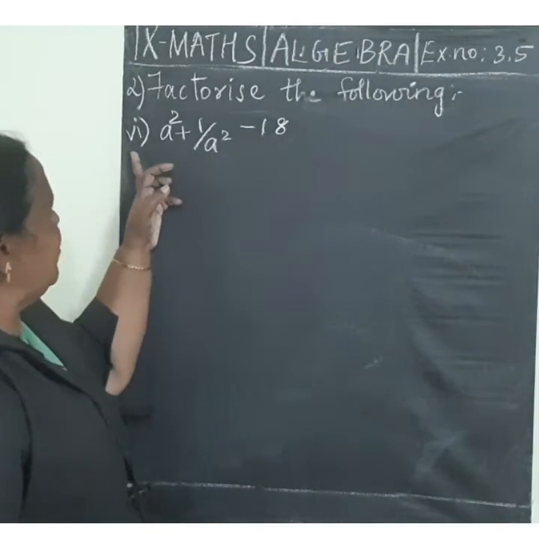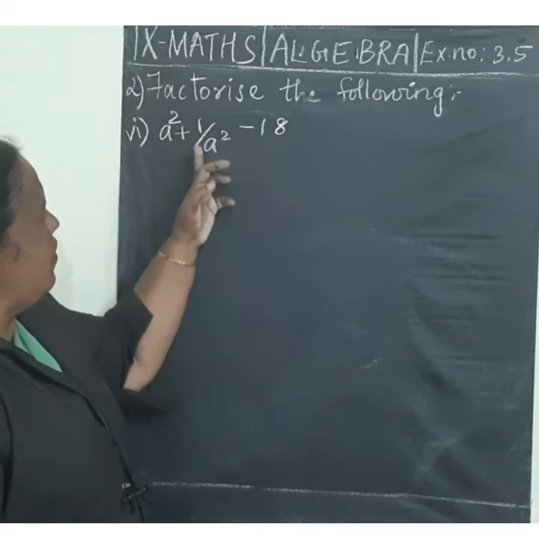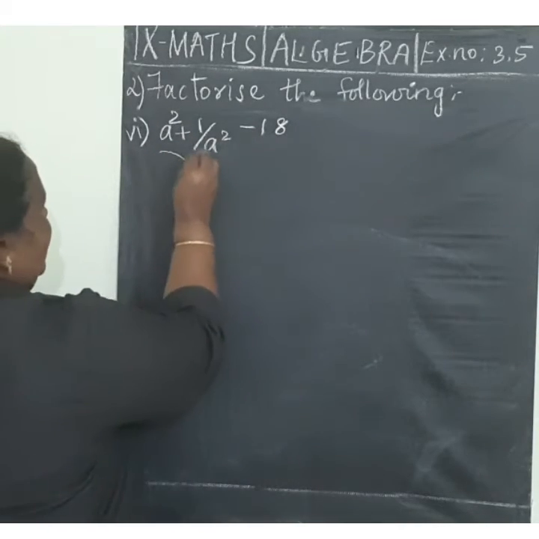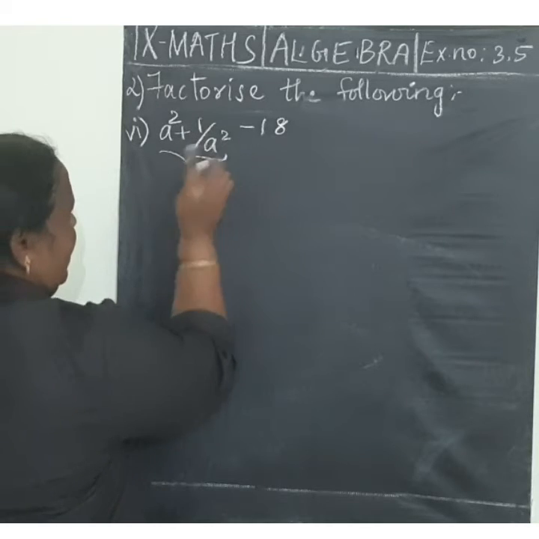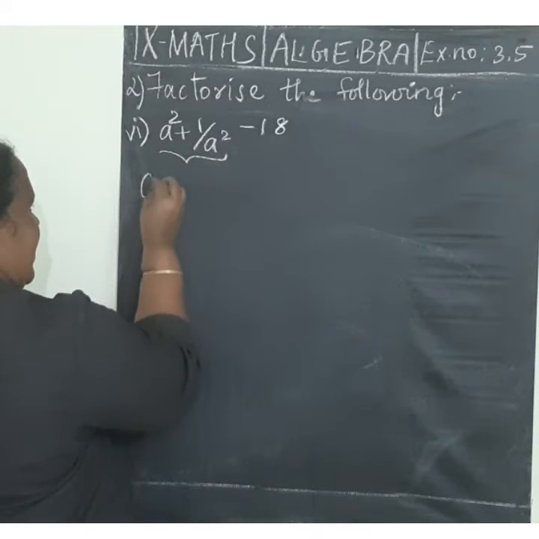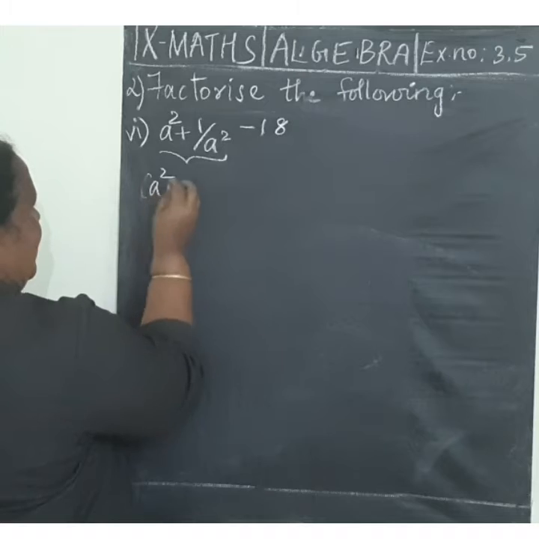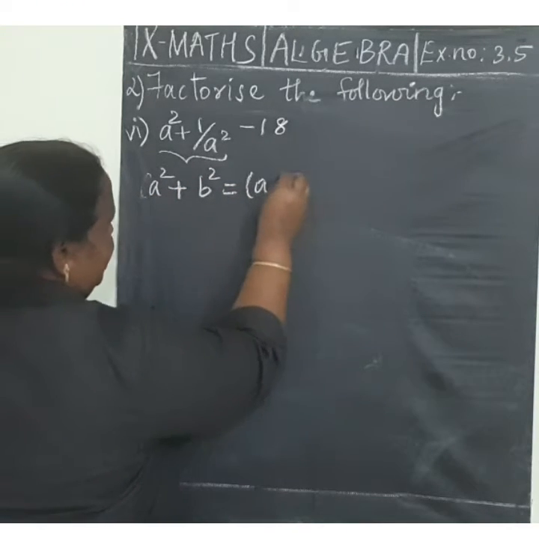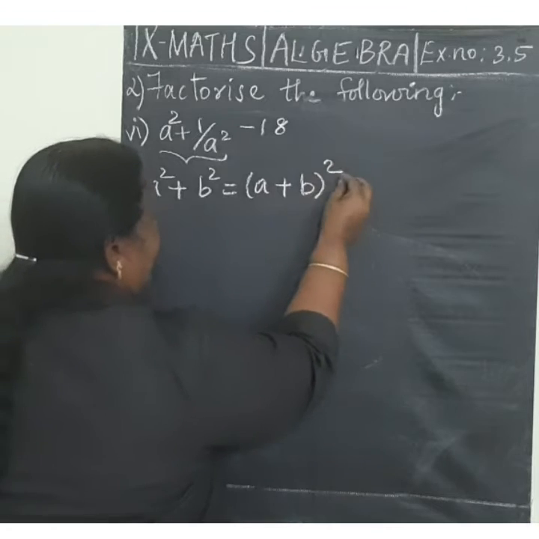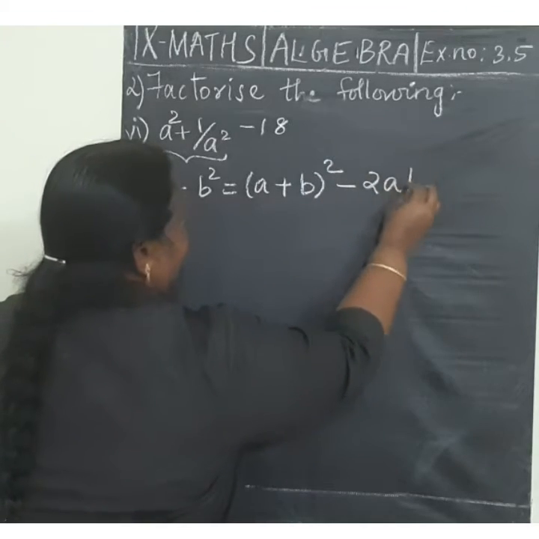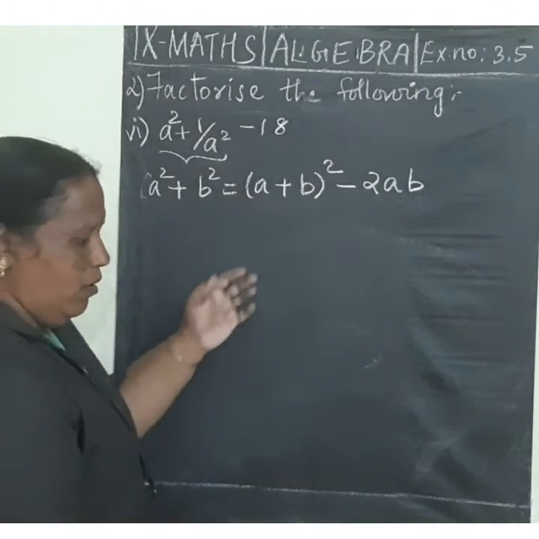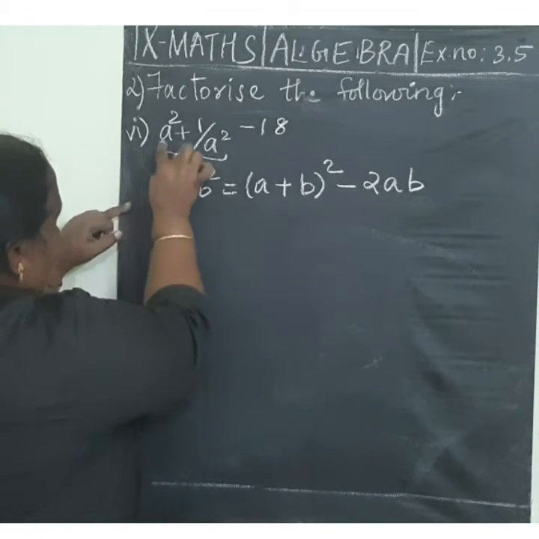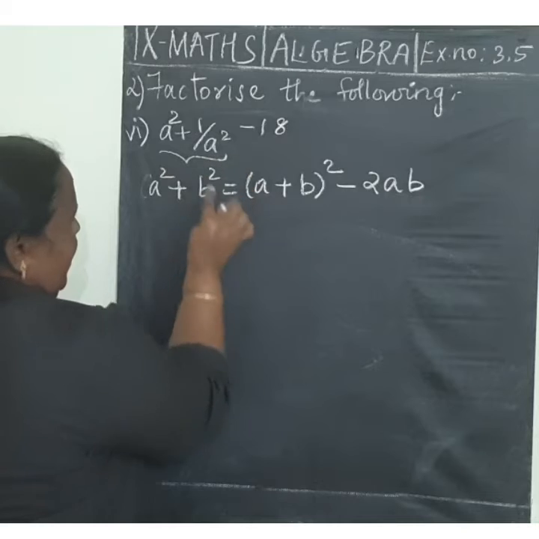Next, sixth subdivision, a square plus 1 by a square minus 18. Now we are taking this a square plus 1 by a square. We are taking an identity a square plus b square is equal to a plus b the whole square minus 2ab. So here now our a is a, b is 1 by a.